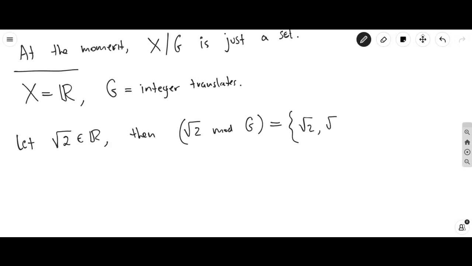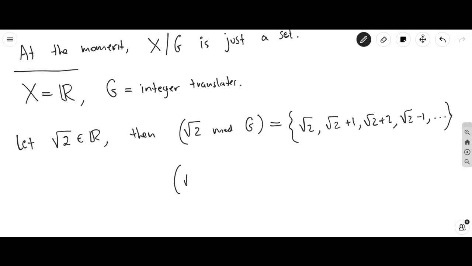So you have square root of 2, square root of 2 plus 1, square root of 2 plus 2, and then you can go in the other direction, square root of 2 minus 1, and so on. So the terminology should make sense. It's very similar to when you talk about integers mod a number, except here we're working with a topological space. But other than that, it has the same feel to it.